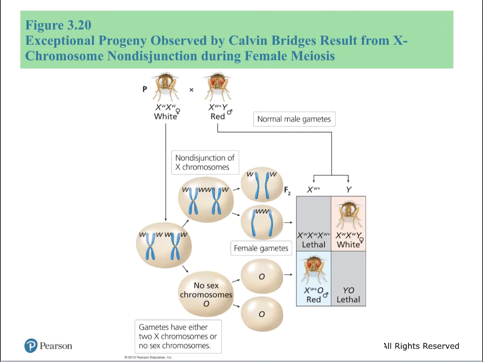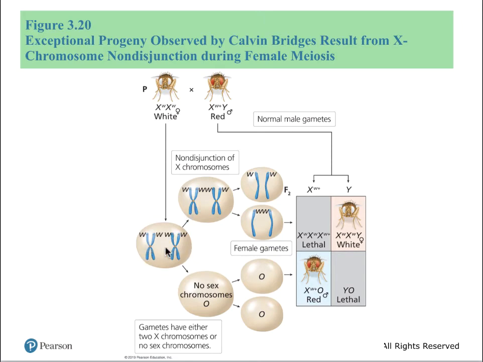The unusual genetic crosses are indicated here. So here's a normal female and a normal male. The male is wild type, the female is a double white mutant. He, in this example, produces normal gametes as we expect in his sperm, but she has some unusual non-disjunction going on.